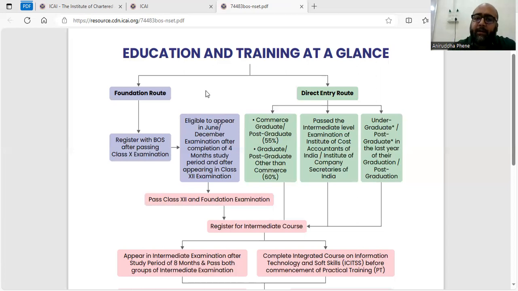Just like if you clear foundation, you can attempt the CA intermediate exam after 8 months, similarly, if you come through the direct entry route, that is after clearing your graduation, you can directly appear for the CA intermediate exam after 8 months. Earlier, there was a training requirement. Now it is not there. So that is good news for the direct entry students.